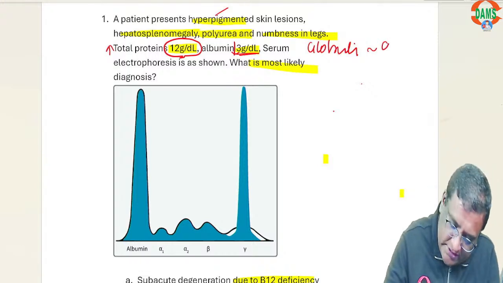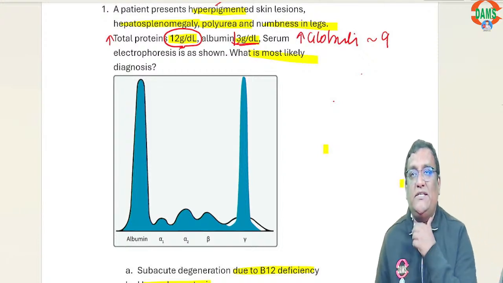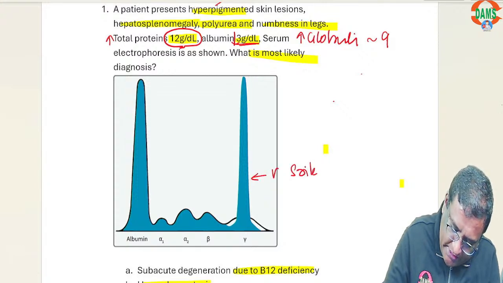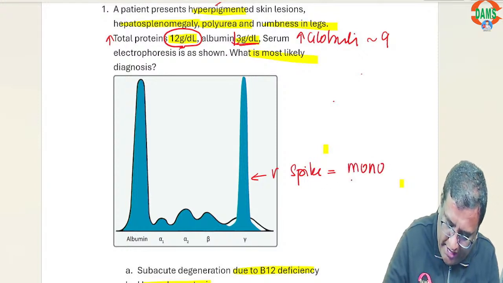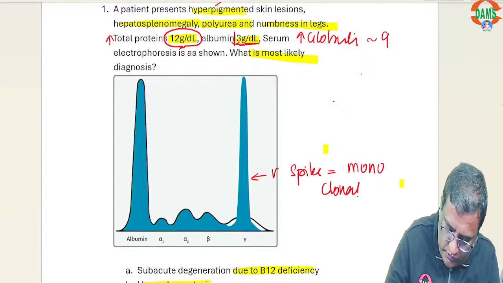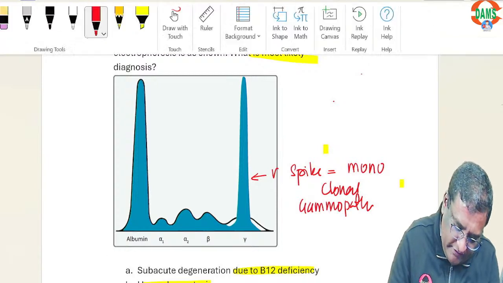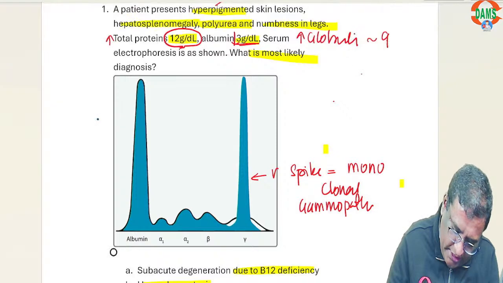So globulins are increased here. Electrophoresis is a keyword here. In electrophoresis, you are seeing a single spike in the gamma region, which is suggestive of monoclonal gammopathy.